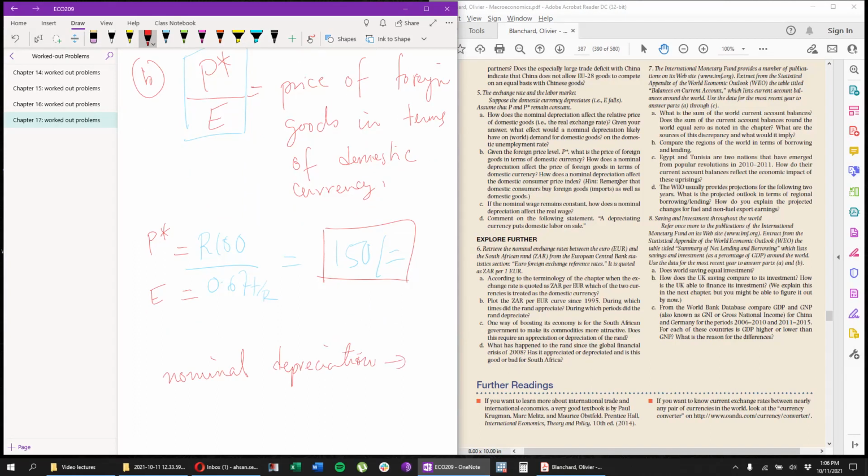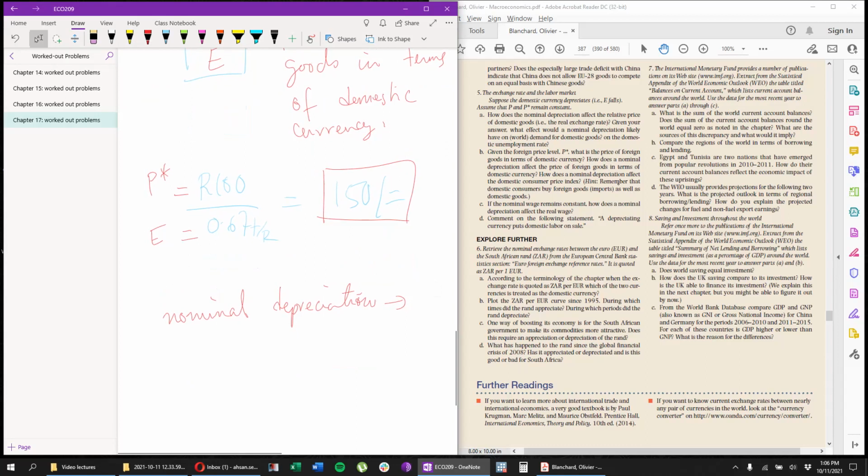That means that there has been no change in the price level in Bangladesh, but because of nominal depreciation, because of our currency becoming weaker, all goods from India, let's say, are more expensive now.